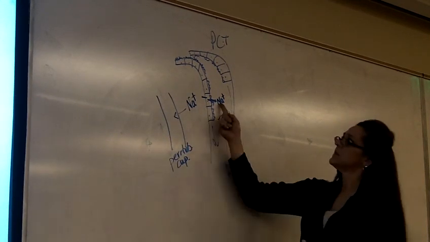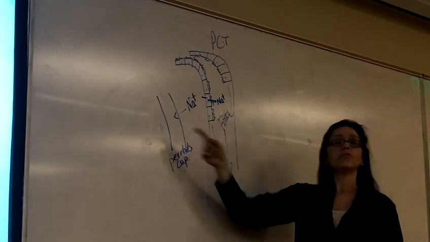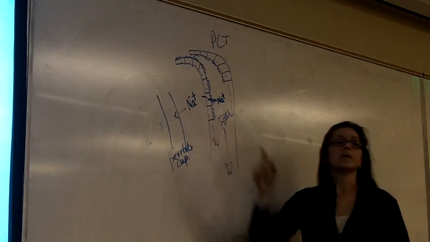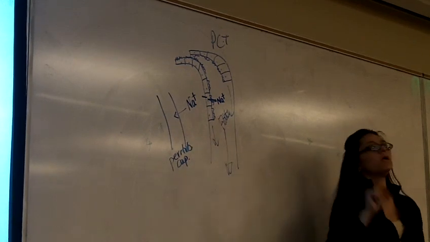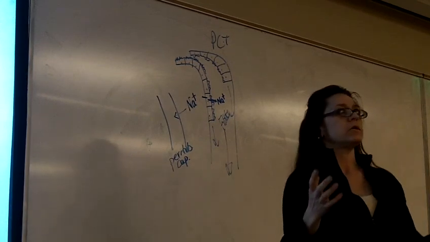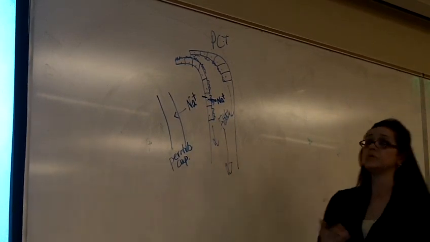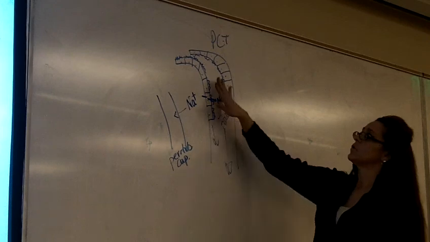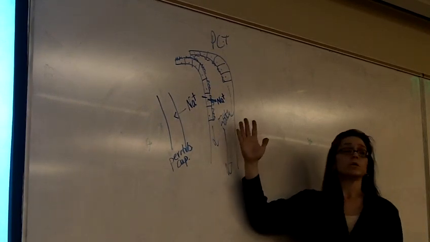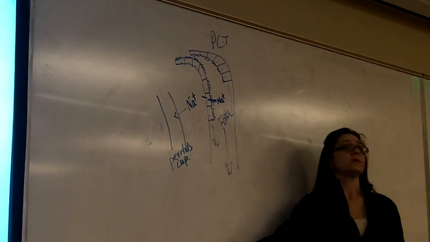So you can see that sodium has to go across several plasma membrane areas. And again, it can do that because there are channels there or there are pumps there that are allowing that particular compound to diffuse. If there are no channels or pumps, then that particular compound can't get reabsorbed.